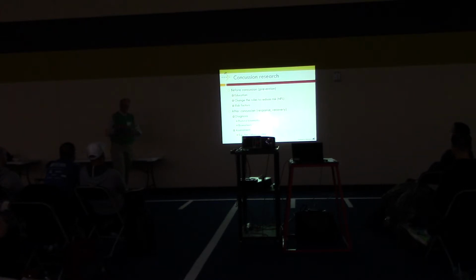And again, to the best of my knowledge, the other big area of research currently is in the concept of biomarkers, that is to say, looking for changes in the body, chemical changes, neuronal changes, something inside the body that can tell us for sure whether somebody in fact has had a concussion or not.